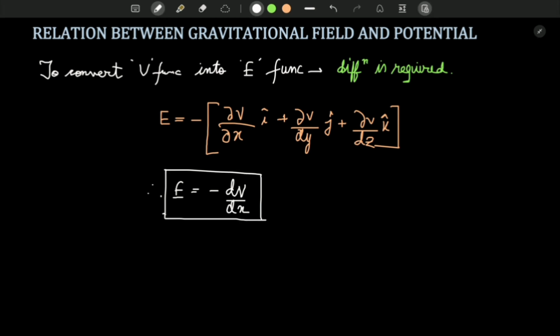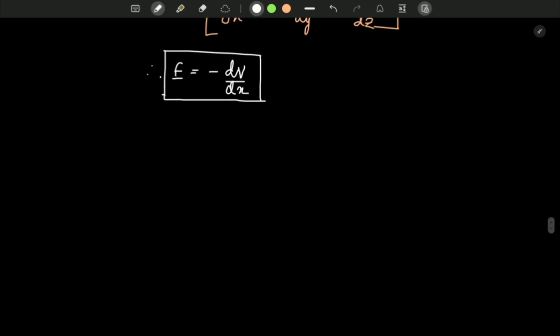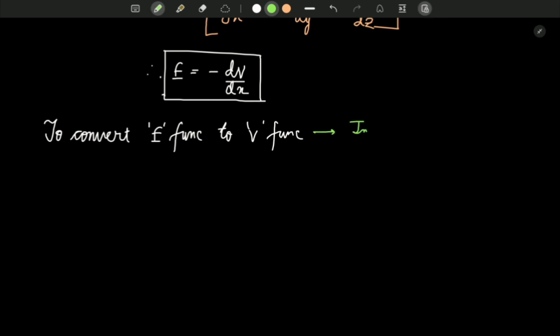Now we need to convert E function into V function. Now to convert E function to V function, definitely I will use integration. So integration will be required in this case.